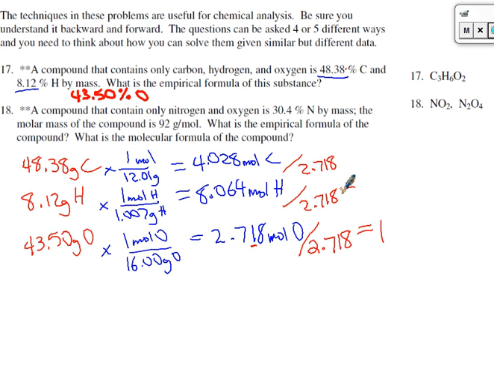And then, let's see, 8.064 divided by 2.7. Oh, look at that, 2.966. That is just about 3. And then 4.028 divided by 2.718 again. Oh no, 1.48. That's still not great.